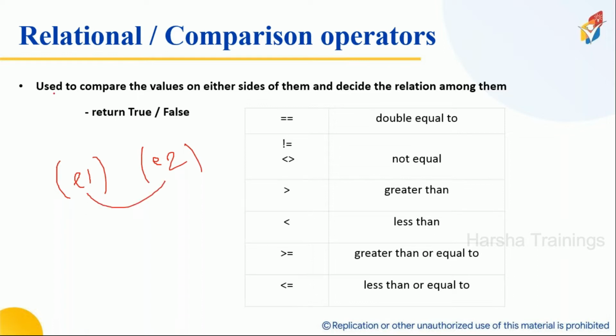If I want to compare these 2 expressions, I will use relational or comparison operations. They are used to compare the values on either side and the result will be Boolean, either true or false, using operators such as equal to, not equal to, greater than, less than, greater than or equal to, less than or equal to. Shall I go through some examples? Yes.